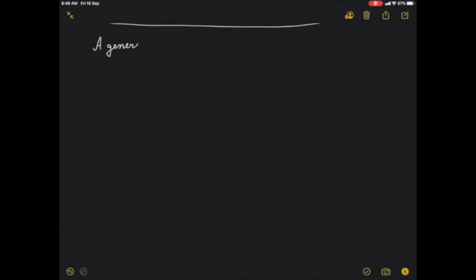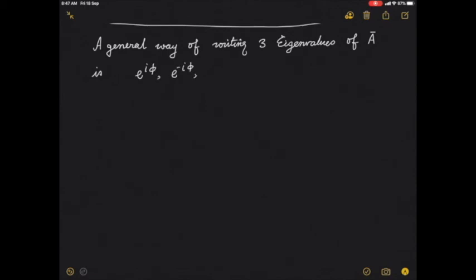So I can write down the 3 eigenvalues. A general way of writing the 3 eigenvalues of A is e to the i phi, e to the minus i phi, and 1.